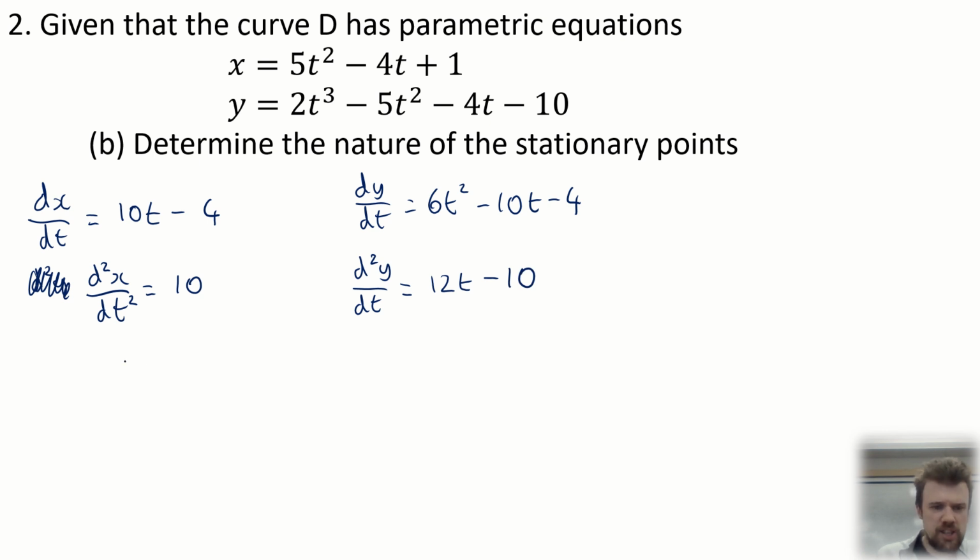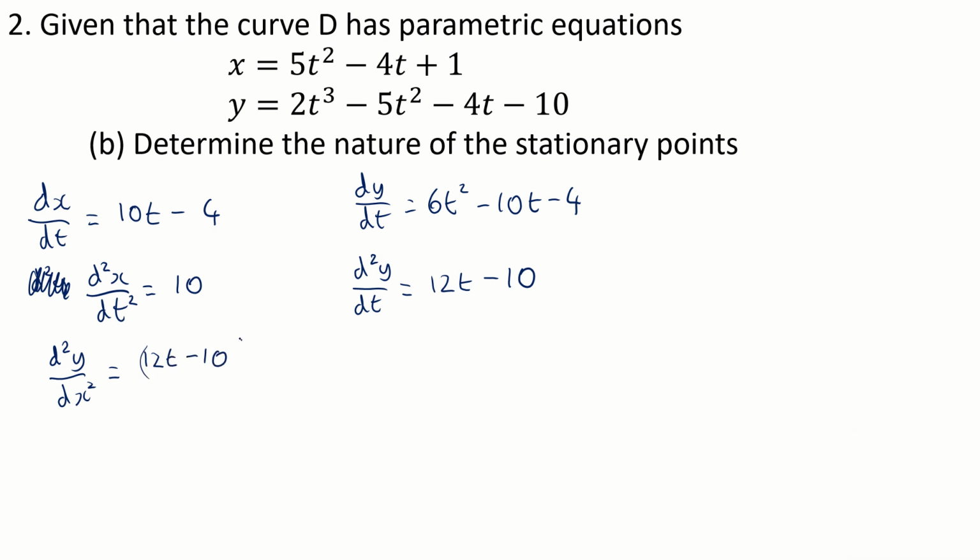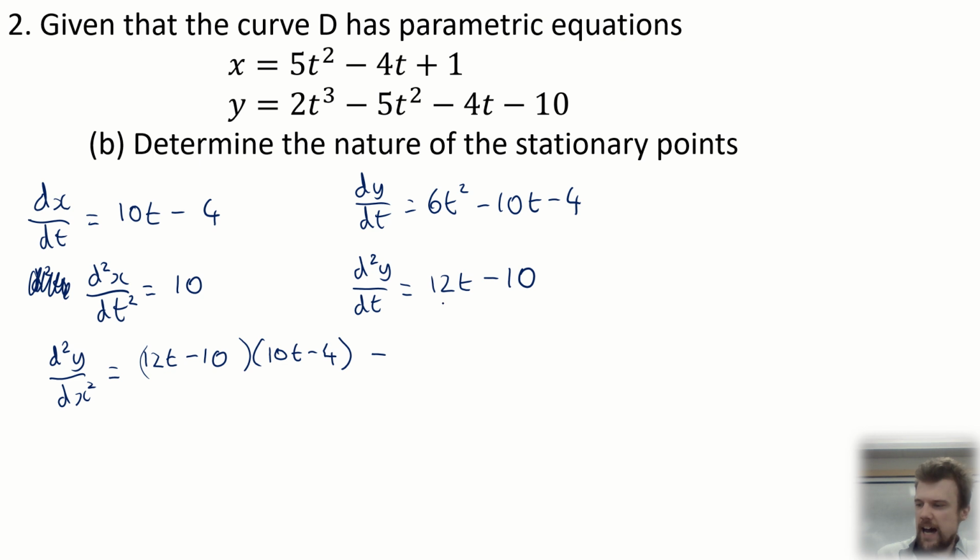Lovely stuff. So d squared y over dx squared is going to equal 12t minus 10 times 10t minus 4, take away dy over dt, which is that entire quadratic, times just 10, so I can cram it in there.